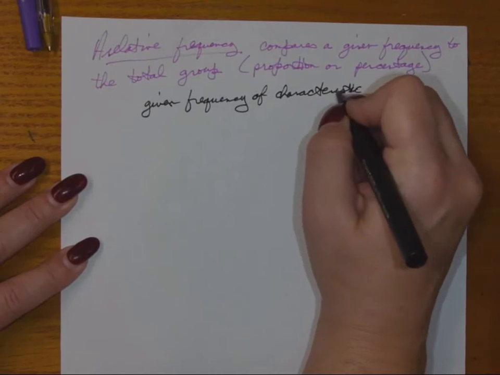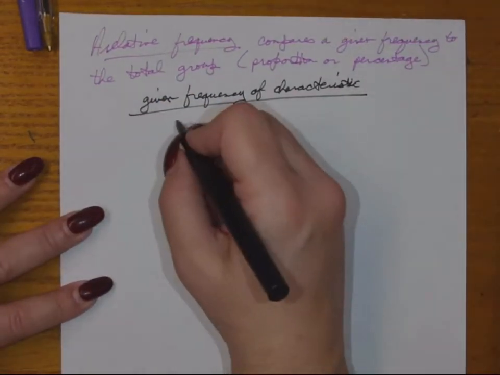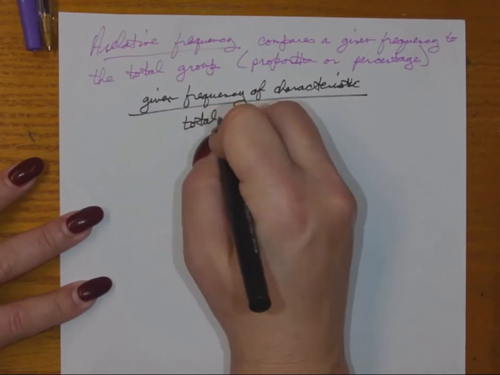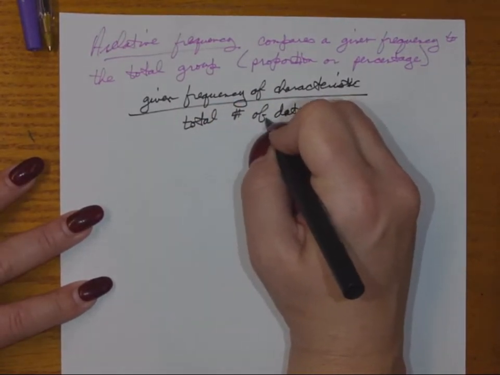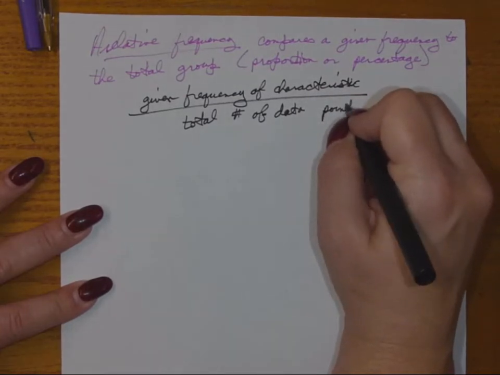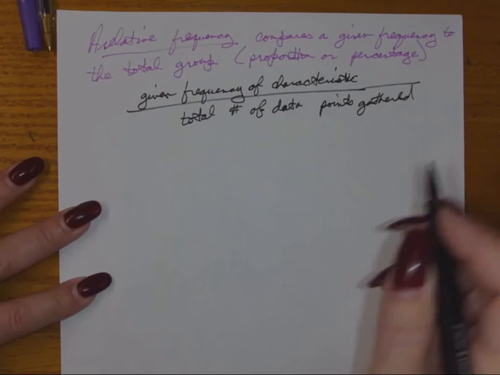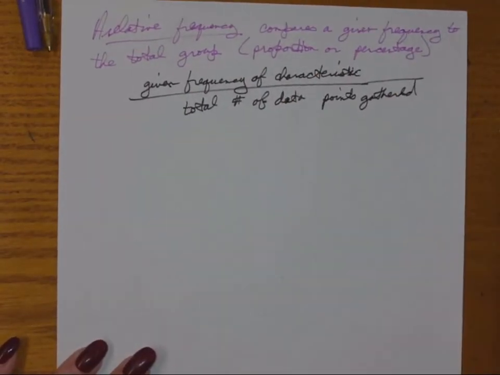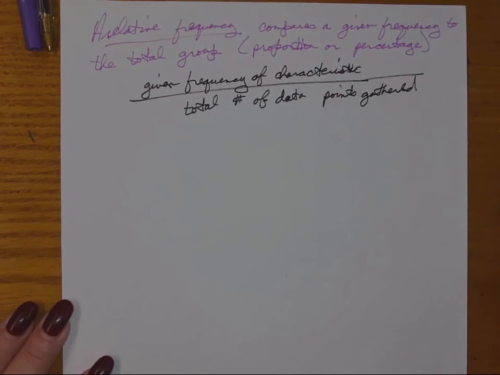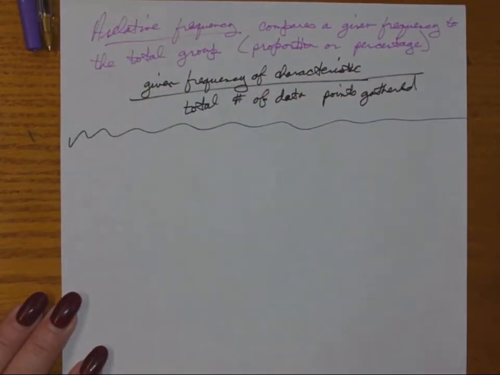In this case, that characteristic was, how many of you have 6 snap cubes for your measurement? And then the total number of data points gathered. So in our case here, it's 2 people had 6, 24 people were measured. All right, so that's kind of some definition-y stuff for relative frequency.